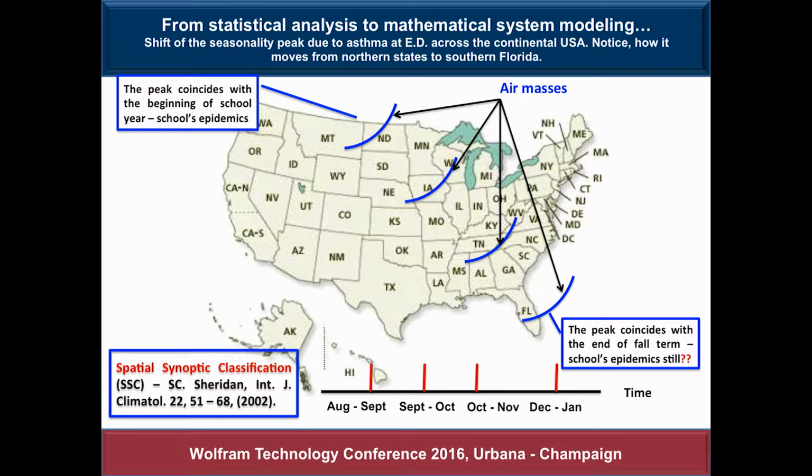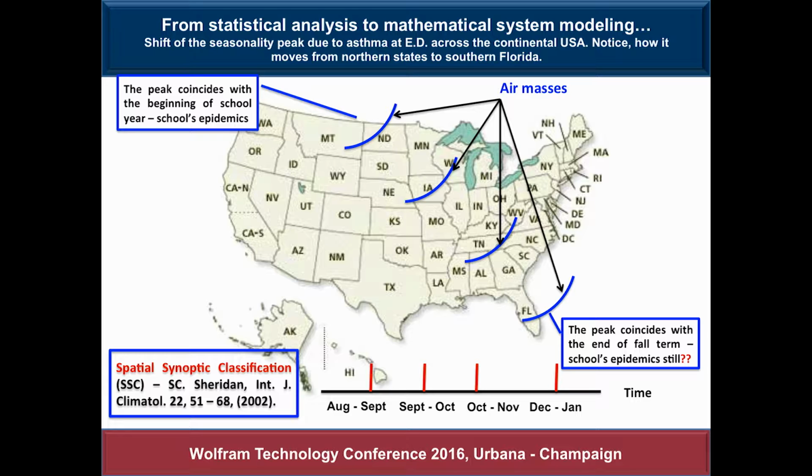Okay, there is a fact in meteorology, exactly in biometeorology, that cold fronts coming from the north of the United States, when they move south at different moments of the year, produce episodes of outbreak of asthma at emergency departments.